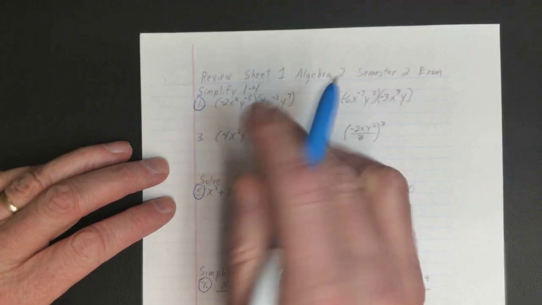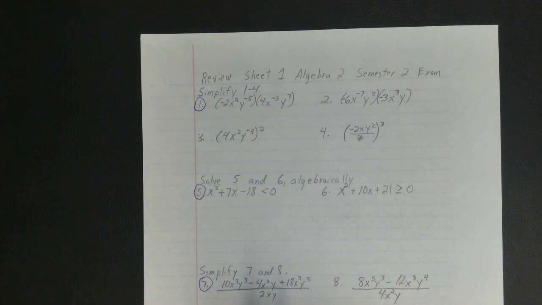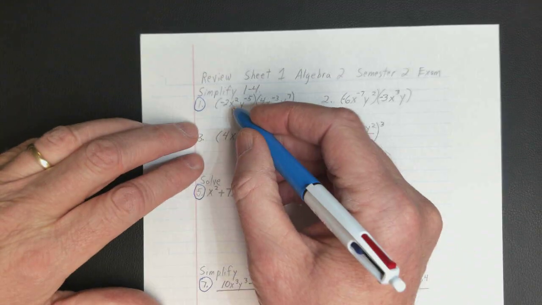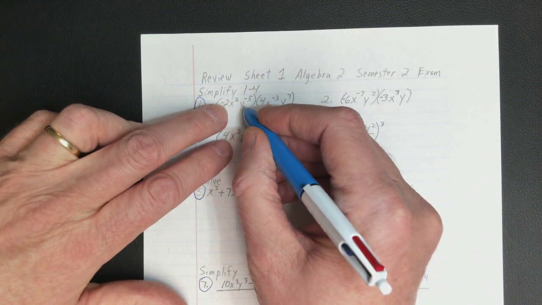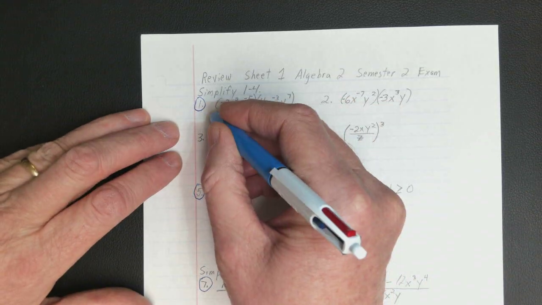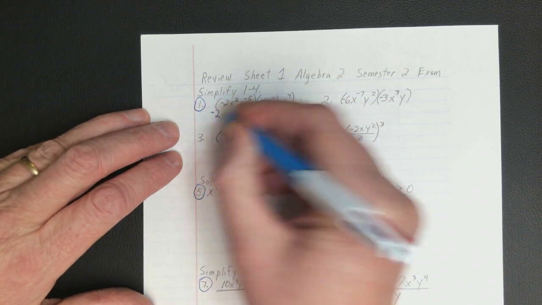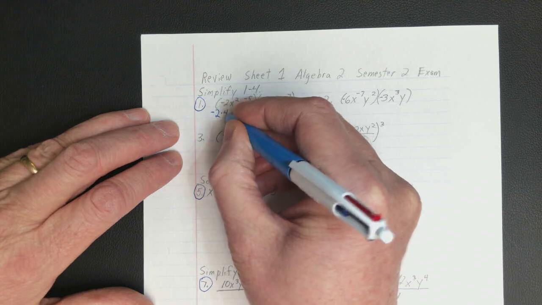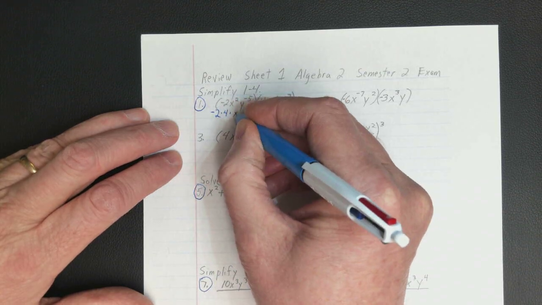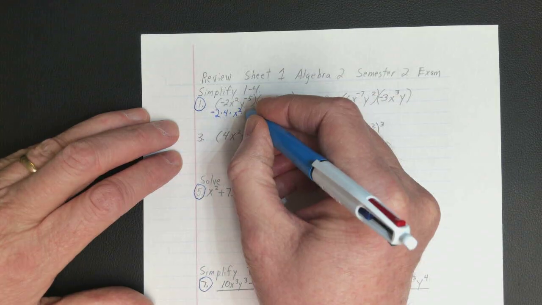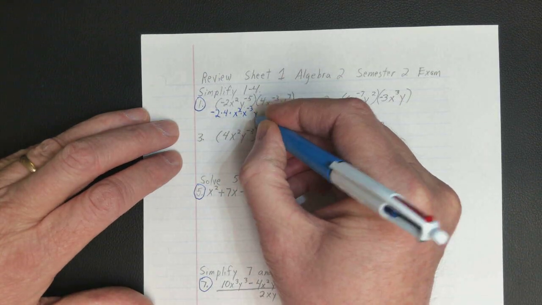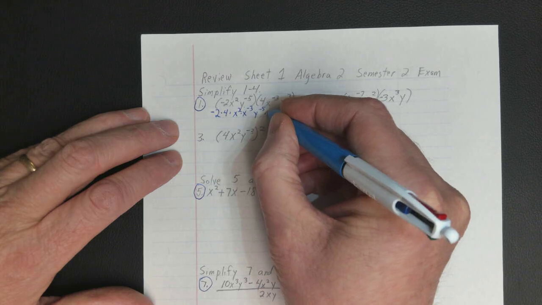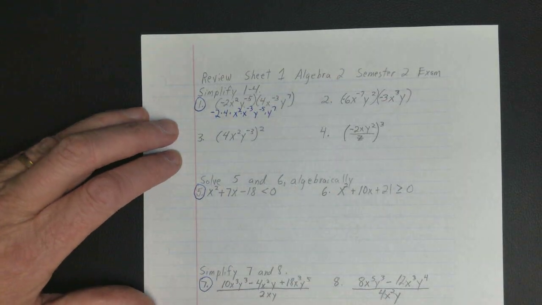simplify. This is exponential expressions here. And what I'm going to do, it's this monomial times this monomial. You just rearrange it, put the coefficients together, negative 2 times 4, and then take x squared times x to the negative third, and then y to the negative fifth times y to the seventh.